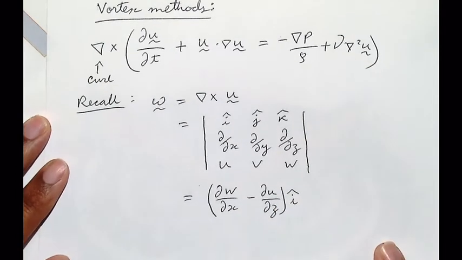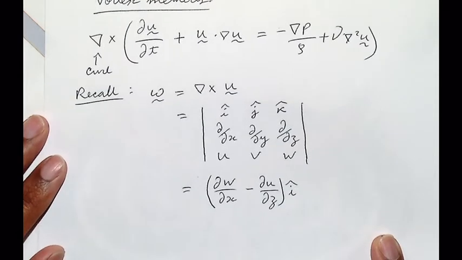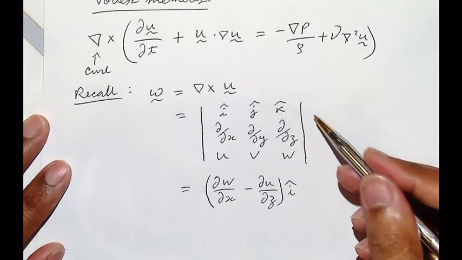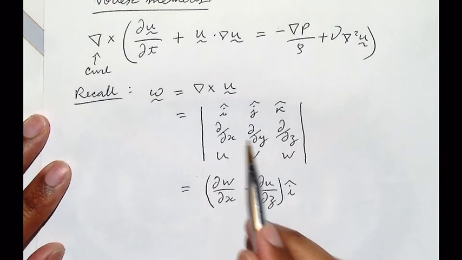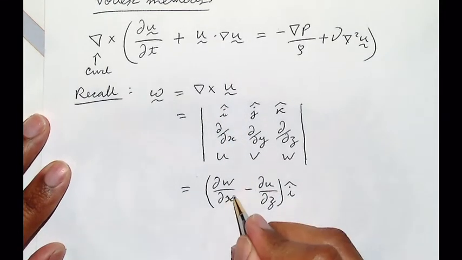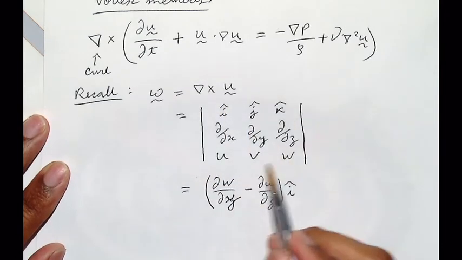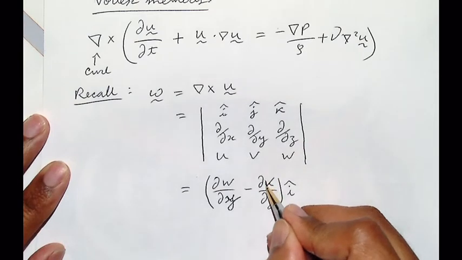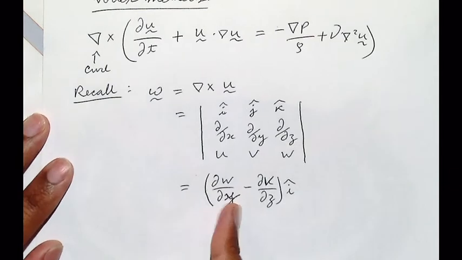Is it clear what I did? Yes. Okay, if somebody doesn't know, ask. I'm just taking the determinant of this matrix. We have the ith component: you kill this and then multiply that, minus multiply that. That's how I get the ith component.